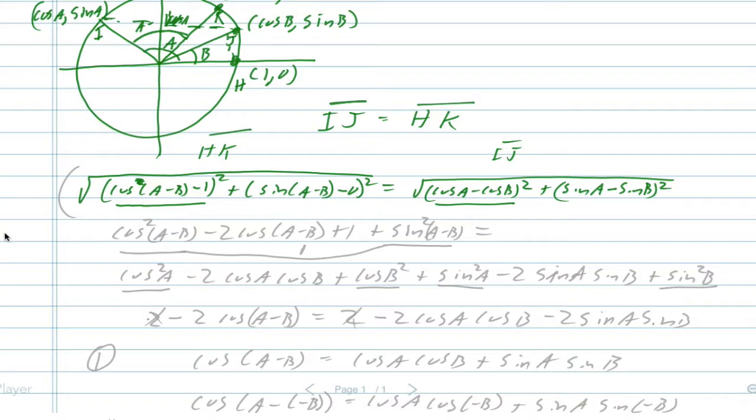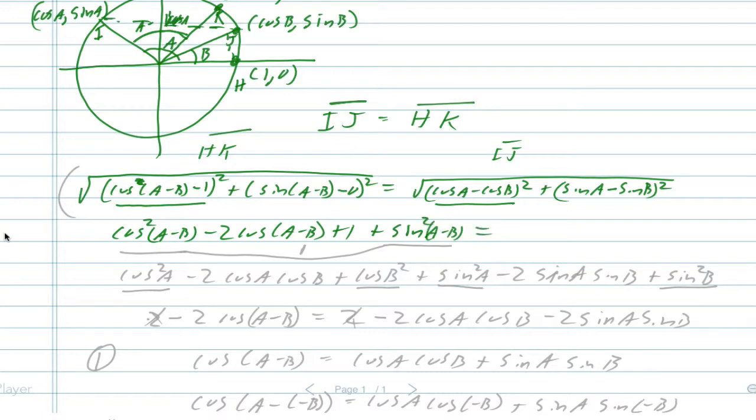Okay, now I'm going to step through some algebra. The first thing I'm going to do is square each side, and after squaring each side, I'm not going to rewrite that. Now I'm going to FOIL everything. So cosine (A minus B) minus 1 will be cosine squared (A minus B) minus 2 cosine (A minus B) plus 1. That takes care of that first binomial. Now, sine (A minus B) minus 0, squared is just going to be plus sine squared (A minus B).